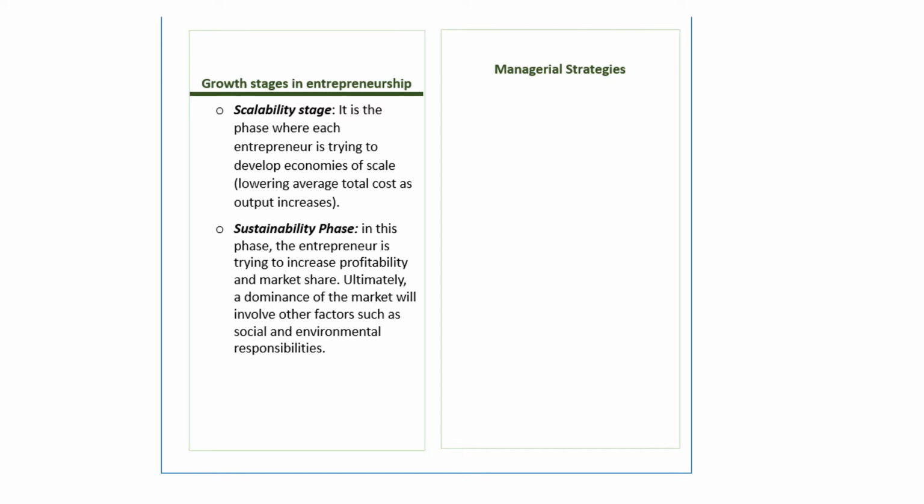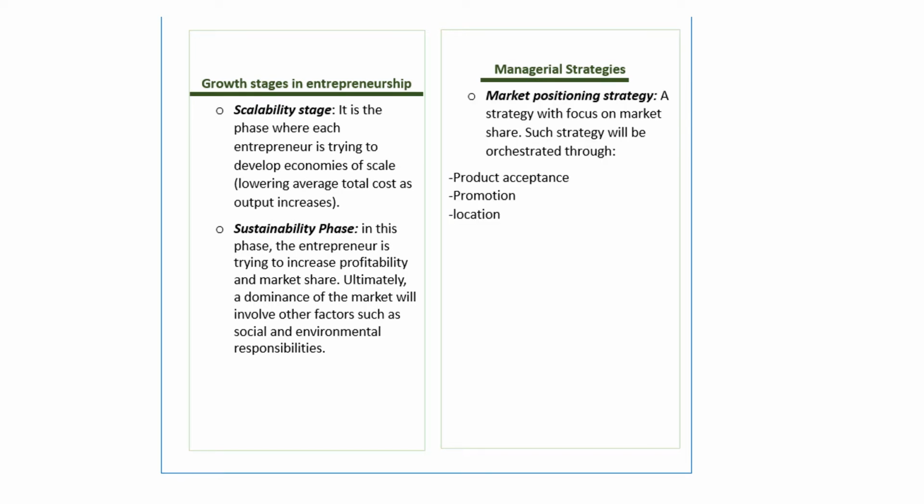In the process of achieving those growth stages, a company will implement some strategies. The first strategy is market positioning, a strategy with focus on market share. Such strategy will be orchestrated through product acceptance, promotion, and location.